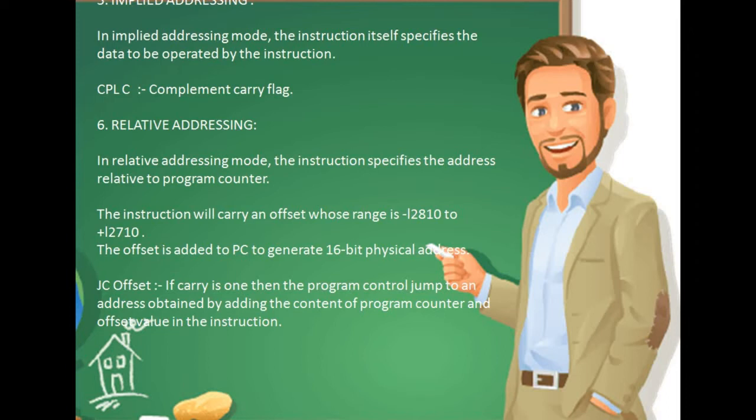That means in order to find where the data is present, to obtain the physical address, it adds the value of the program counter as well as the offset value.